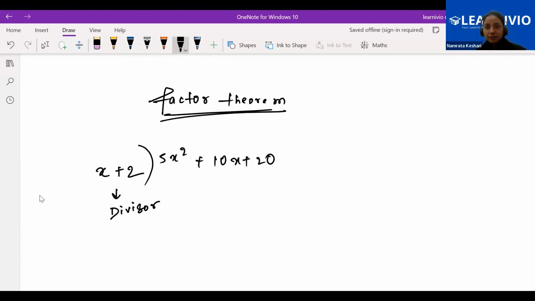Can you tell me what is the zero of this divisor? X plus 2. Minus 2, yes, exactly.